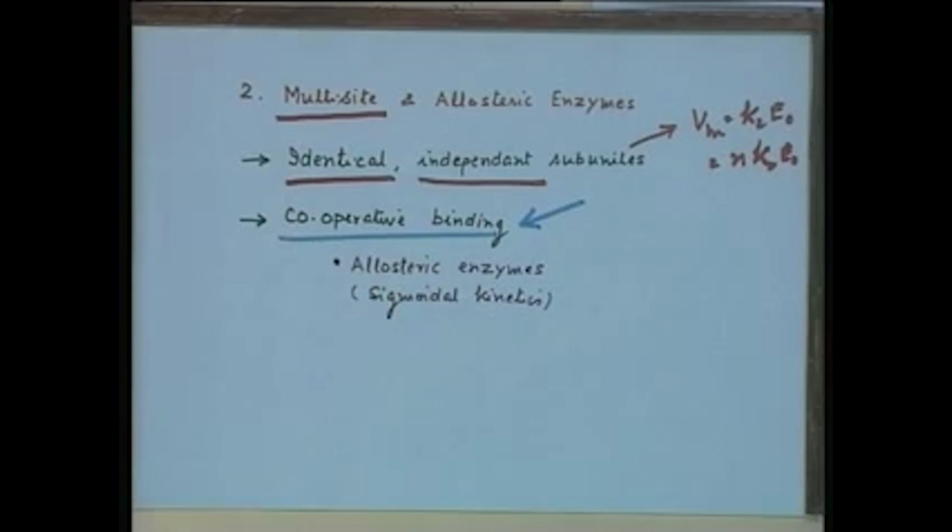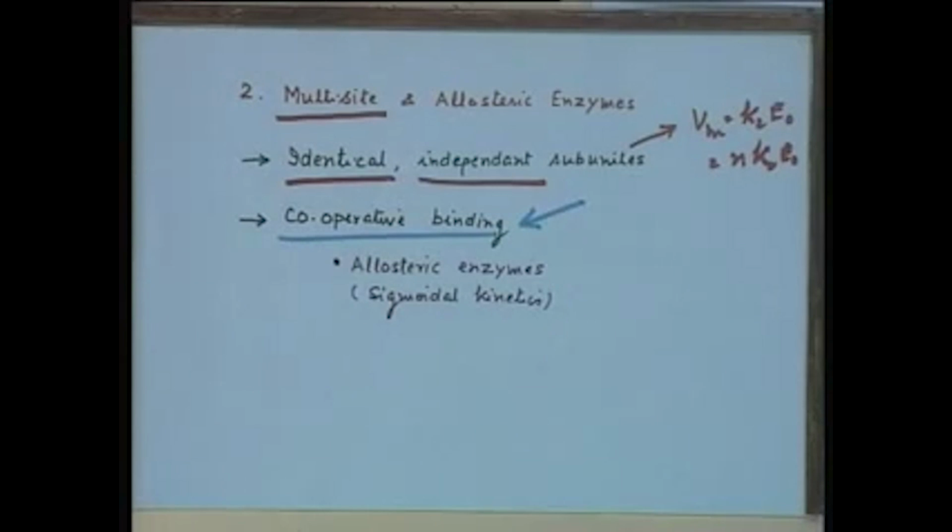Now essentially the significance of cooperative binding lies in actual practice in the case of allosteric enzymes, and you all know probably with your background in biochemical metabolism that in each metabolic pathway you have certain regulatory enzymes which behave in an allosteric manner.